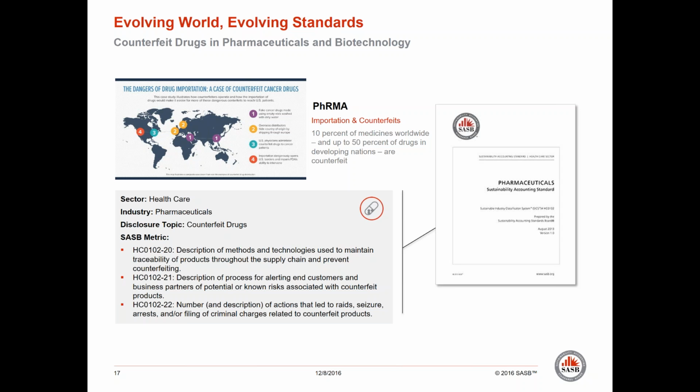So SASB's metrics related to that issue specifically are about a description of methods and technologies used to maintain traceability, also used to alert customers to any potential counterfeit products that may have infiltrated the market, and then also the number and description of actions that companies have taken to try and reduce the number of counterfeit drugs that are available on the market.